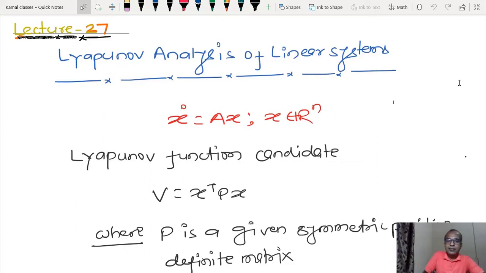First I am going to consider the linear time invariant system, that is, the LTI system x dot equals Ax. You have already seen that for this system I have a unique equilibrium point provided determinant of A is not equal to 0.